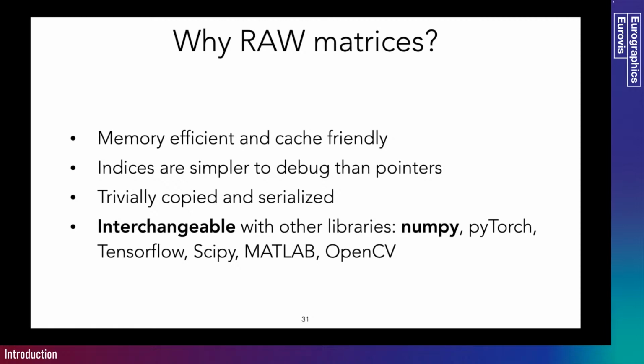Or similarly to TensorFlow, or if you want to use some function in SciPy, or even externally to Python, you can save it to a file and load it back on MATLAB or do some processing with OpenCV. So this concludes the introduction, and we are now going to continue with an introduction to finite elements.